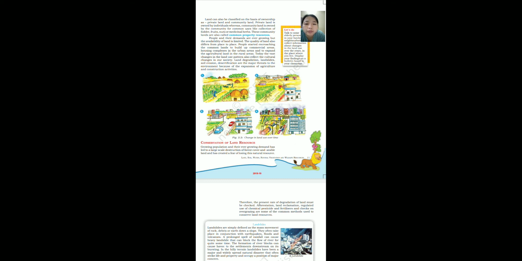This change of land pattern has reflected on the cultural changes in our society, and it has also led to land degradation, meaning the quality of land has been degraded. Degradation of land automatically leads to landslides, soil erosion, desertification and all.